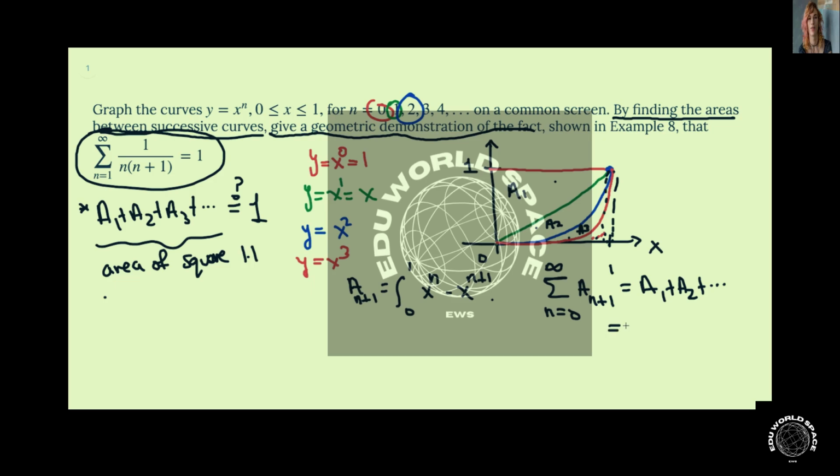That's equal to the sum from 0 to infinity of the integral from 0 to 1 of x to the n minus x to the n plus 1. All I'm doing here is using the definition of A to replace A with the sigma notation.